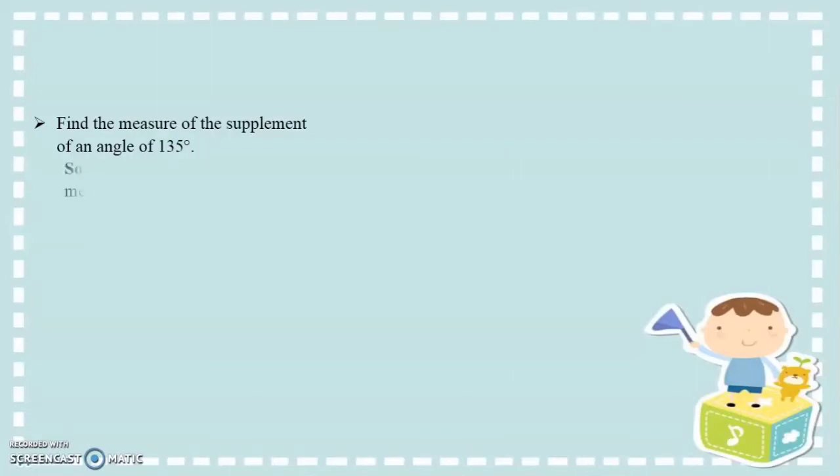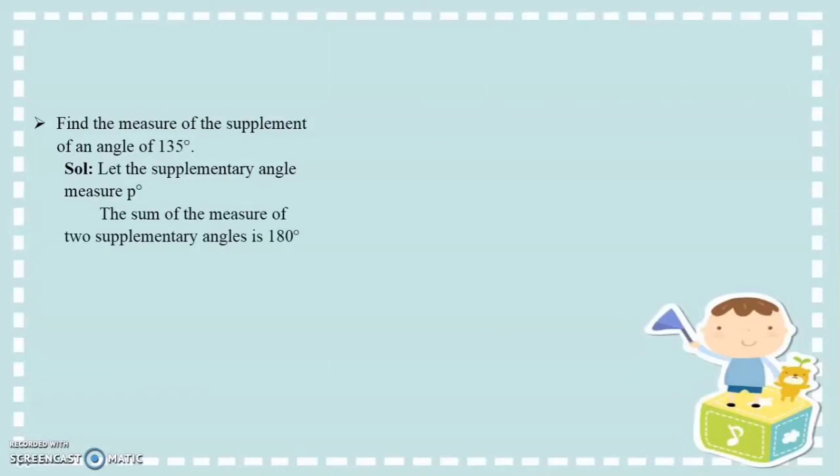So let us consider the other angle as P degrees, or say let the supplementary angle measure P degrees. We know the sum of the measures of two supplementary angles is 180 degrees. Therefore, 135 plus P is equal to 180 degrees.